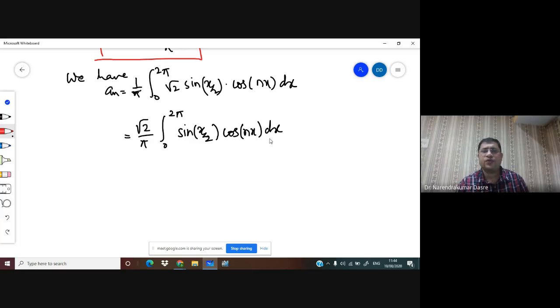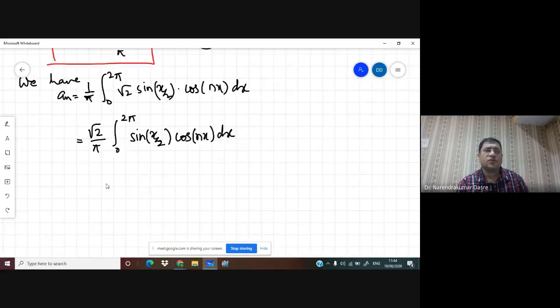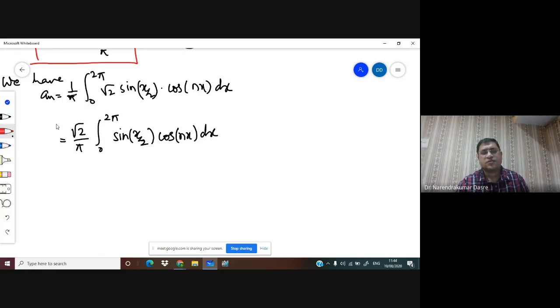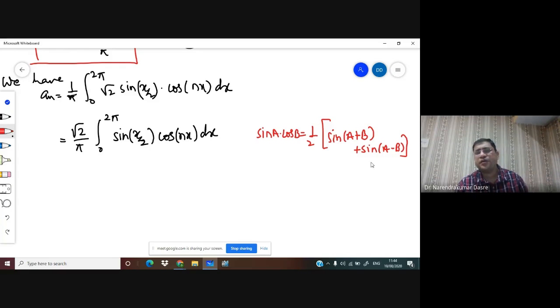So what we know is the formula for sine A cos B equal to half of sine A plus B plus sine A minus B. Okay.